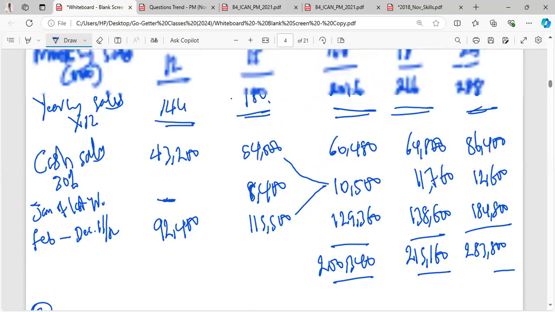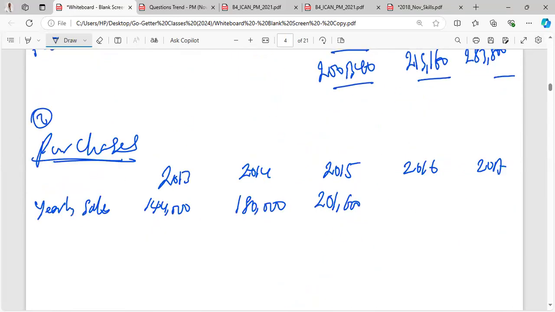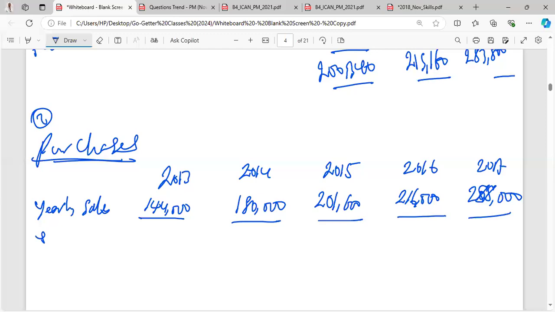216 and 288. So this is the yearly sales. So yearly purchase, which is 60%.